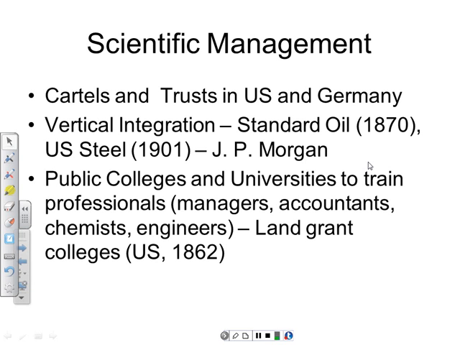In fact, the United States was on the cutting edge of this. In 1862, called the Morrill Act, the federal government set aside federal land, the sale of federal land, to build public universities, specifically to train engineers and to train in technology.